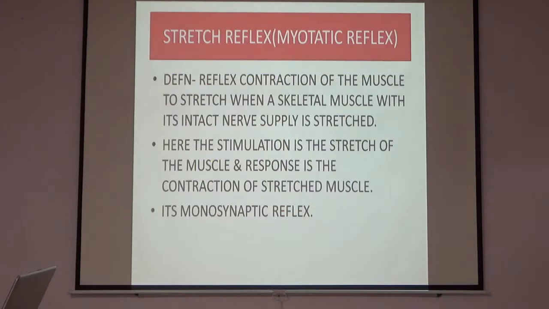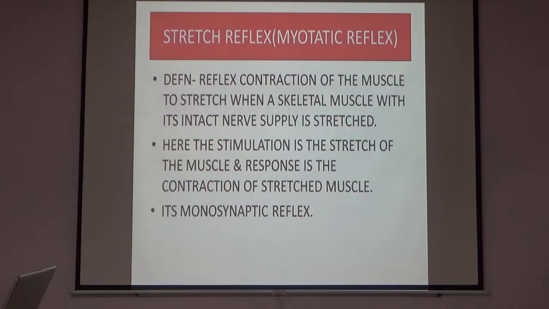First, in detail, the stretch reflex. You get a short note on the stretch reflex in your examinations, and you are also asked in Viva about the stretch reflex or myotatic reflex. It is defined as a reflex contraction of the muscle to stretch when a skeletal muscle with its intact nerve supply is stretched. So the nerve supply has to be intact in a skeletal muscle to carry out this stretch reflex, which causes a reflex contraction of the muscle.